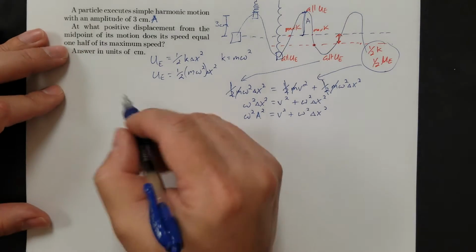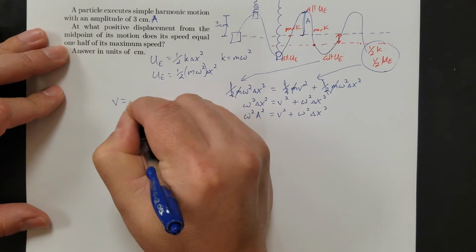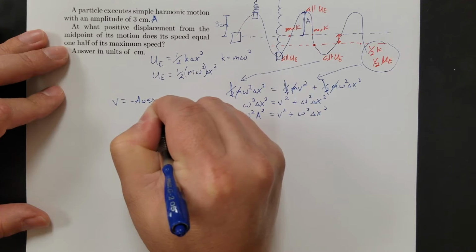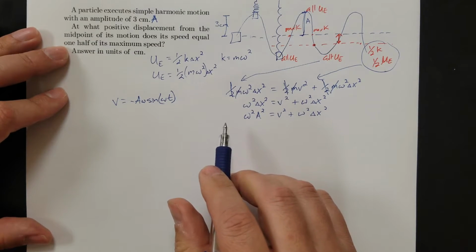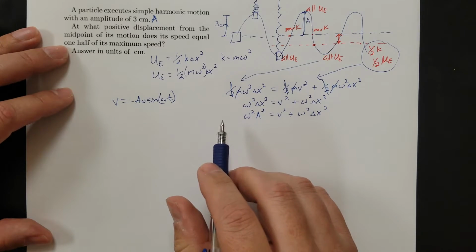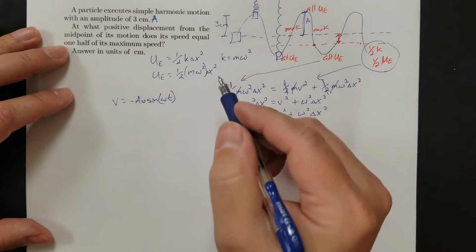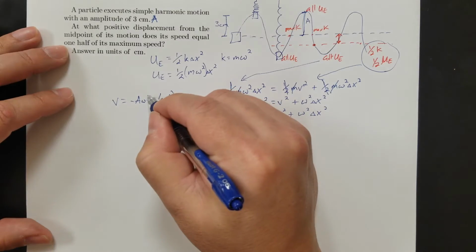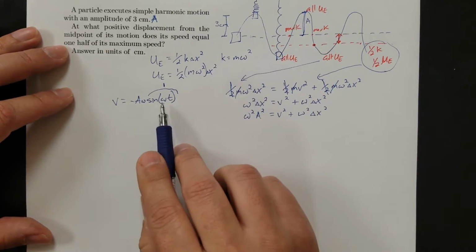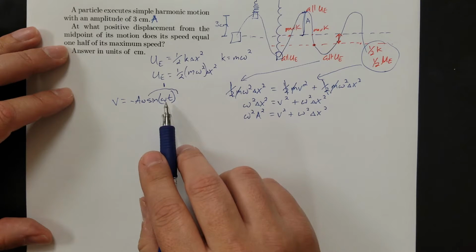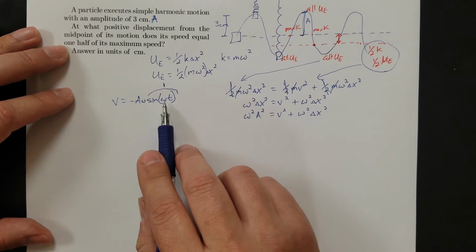I do know that v equals negative A omega sine omega t. That's on the formula sheet. And the biggest sine omega t can be is 1. That's the largest it can be. The velocity we're looking at is half the maximum.